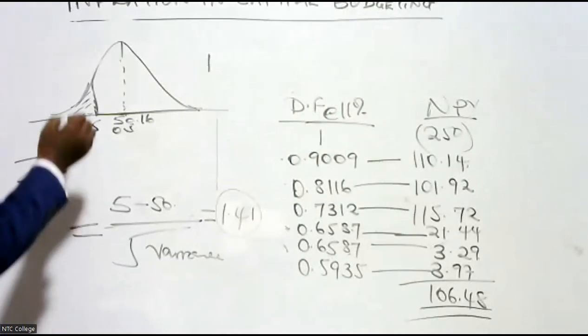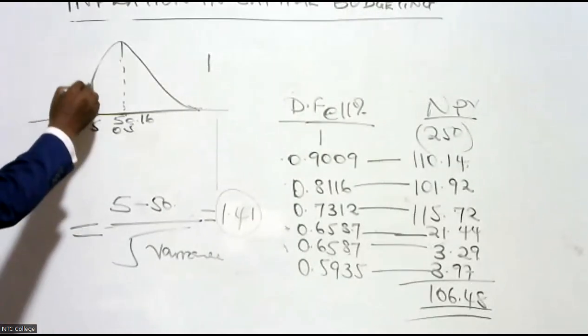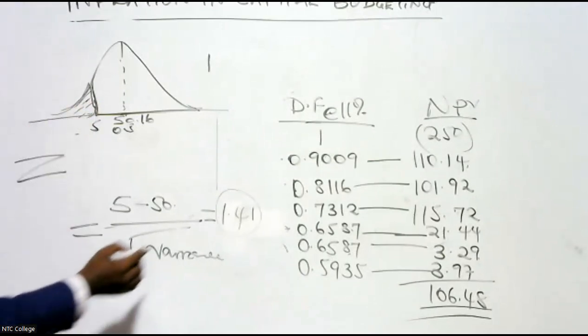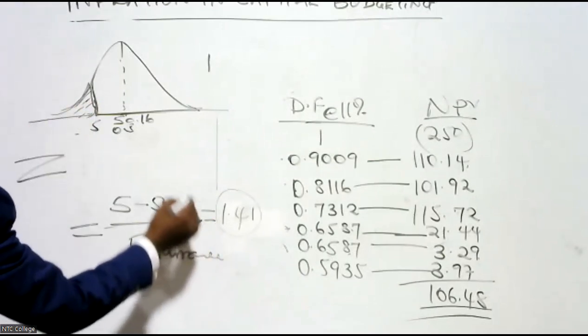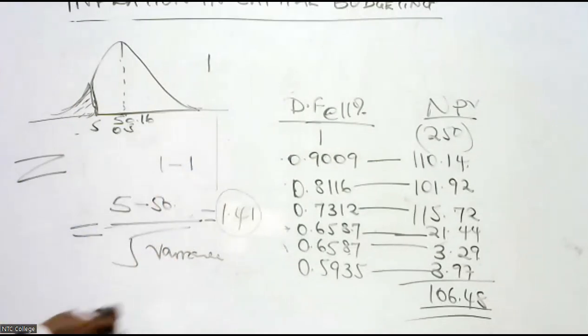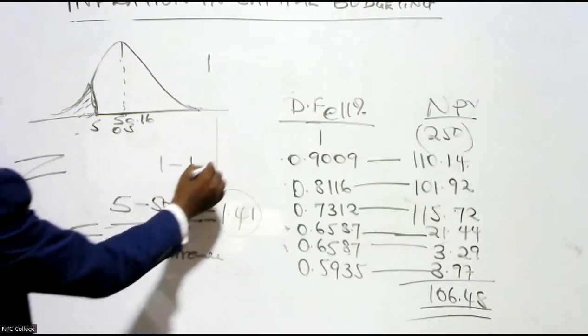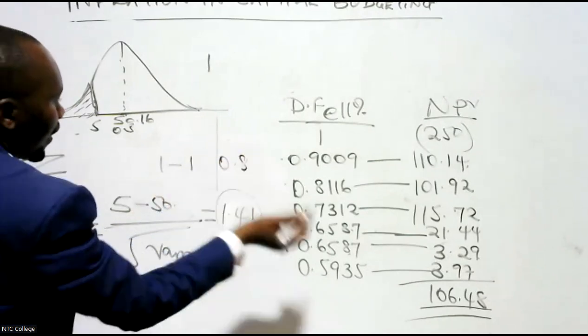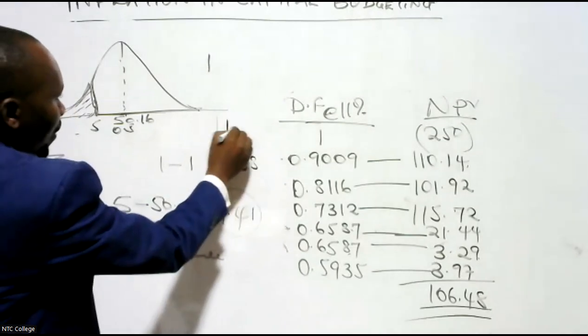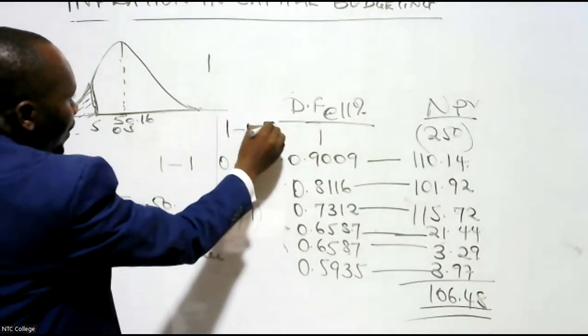If they were asking you for the figure that is less than this, then you take whatever you're going to get, then 1 minus that answer. So if the answer is maybe 0.8, like in that case, I think it's 0.88 or 89, you now take 1 minus 0.89.